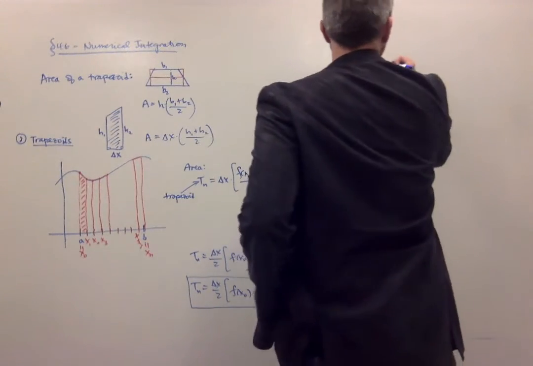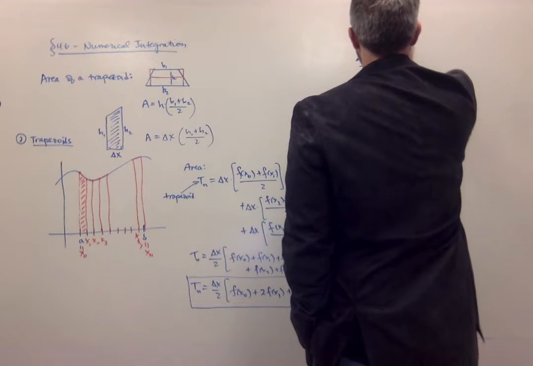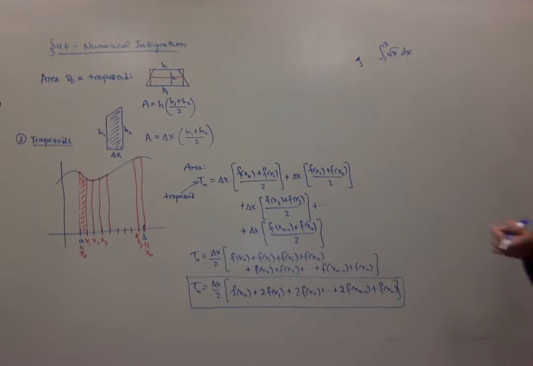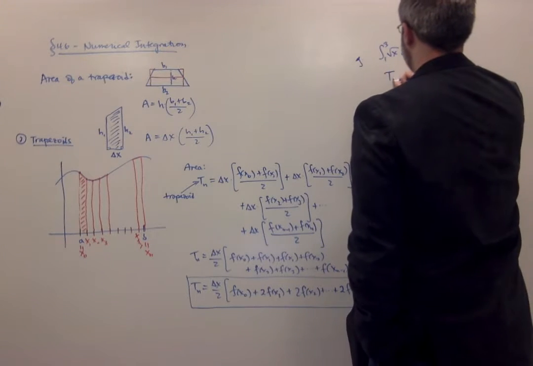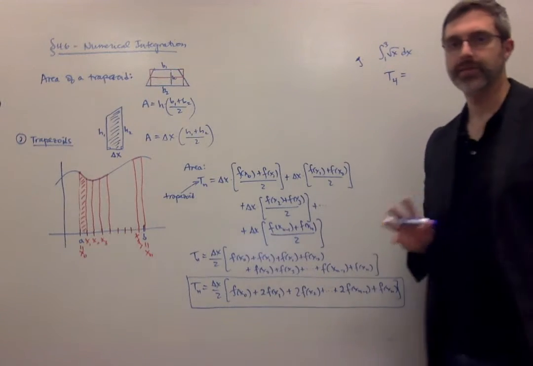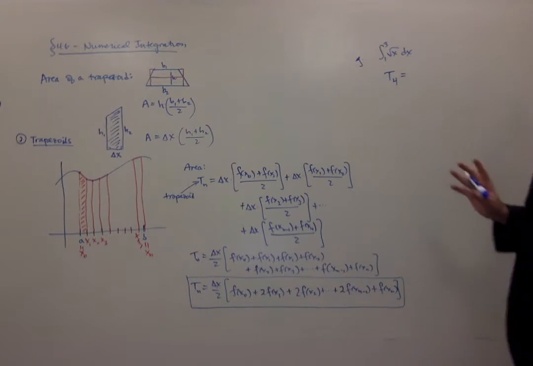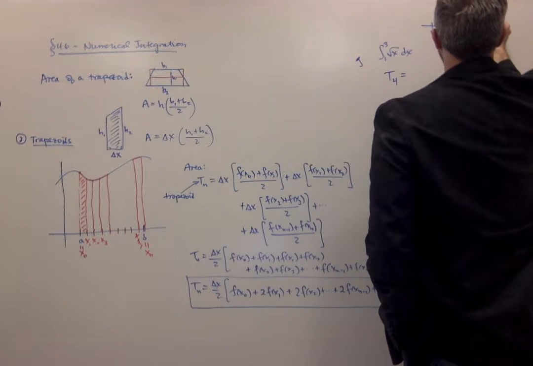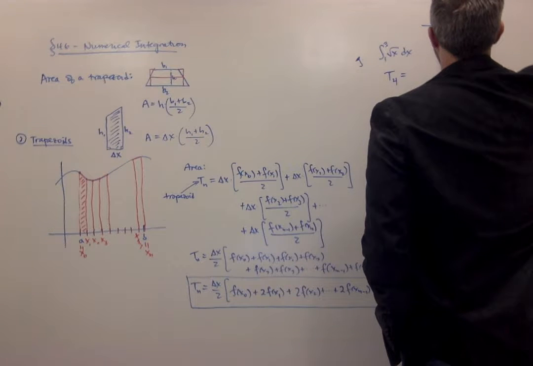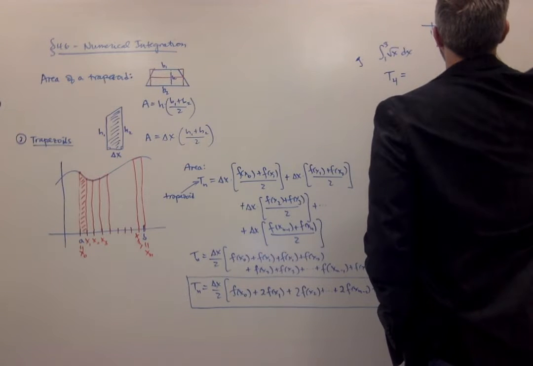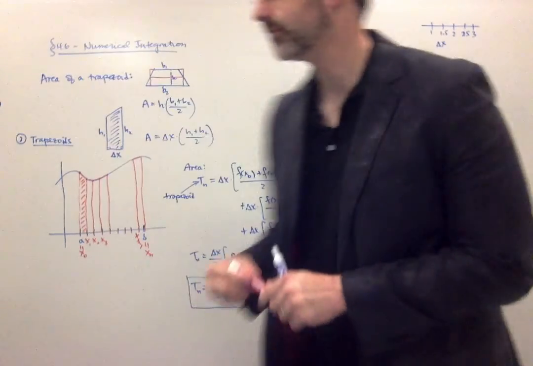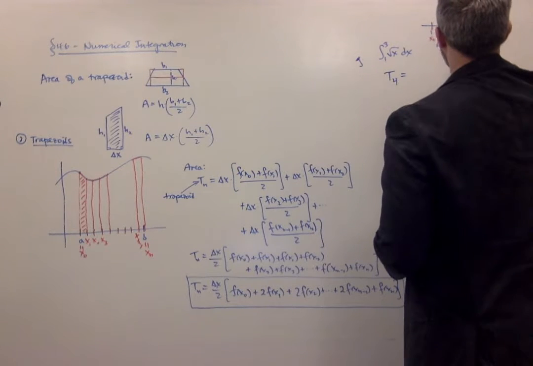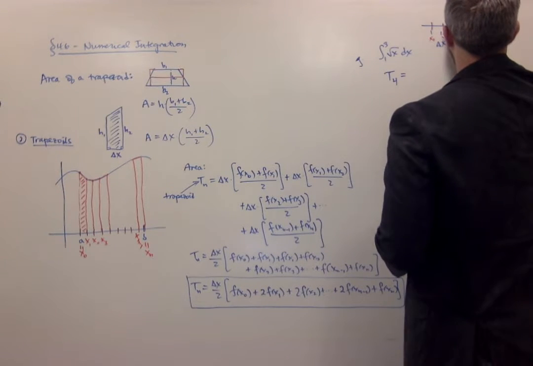Okay, so for example, going back to the previous example I gave you, if I said, here's this integral, approximate it with trapezoids using 4 intervals, or using 4 trapezoids. So here, delta x, my width, is from 1 to 3. If I'm going from 1 to 3, this is x0 up to x4.